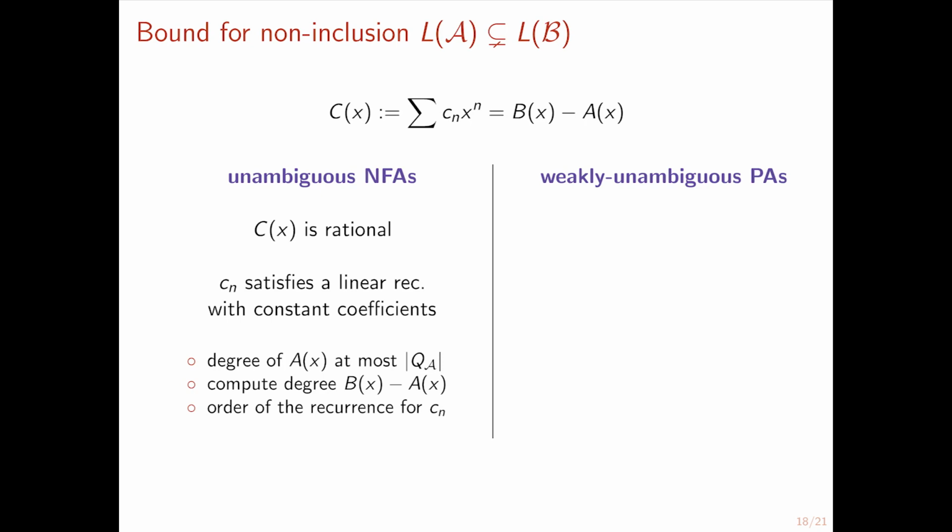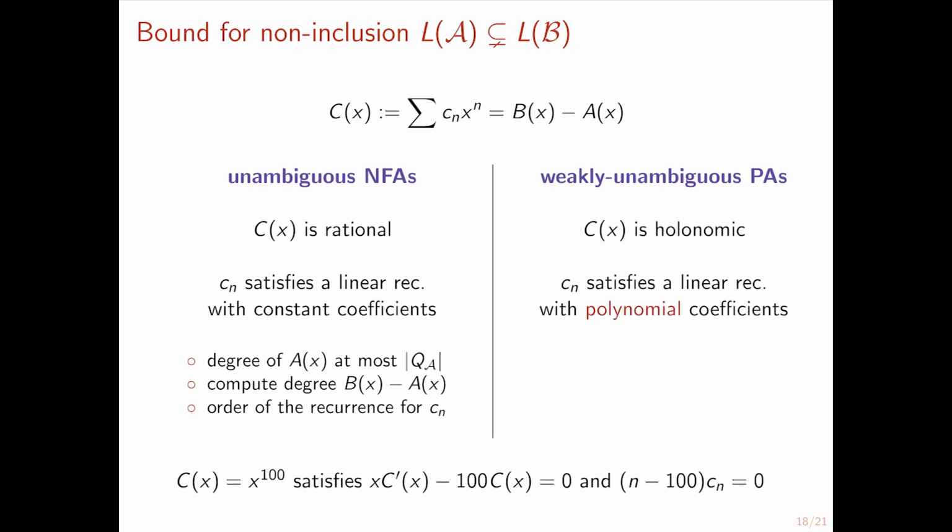We had a linear recurrence equation satisfied by the coefficients, and if you recall, the key point was that we could bound the degree of the series A by the number of states of A. Same thing happened for B, so that we could compute the degree of the difference of the two series, which is almost the sum of the degrees of the two series. From that, we could obtain a bound for the order of the recurrence, and from there, we could finally bound the length of the smallest witness of strict inclusion.